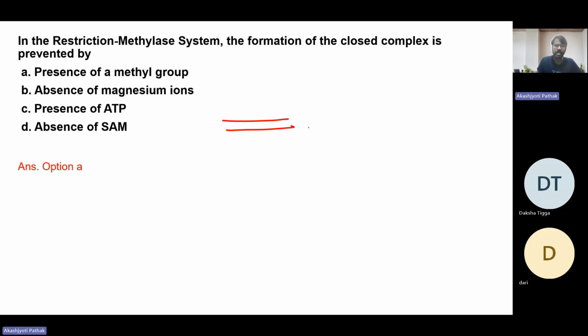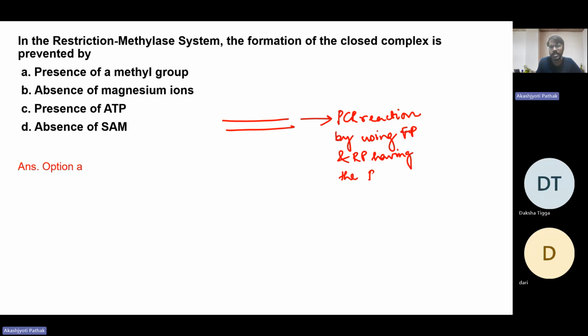and you want that gene of interest to be cloned in that vector between those two particular sites, then what you will have to do is take your gene of interest and amplify it. You have to do a PCR reaction by using forward primer and reverse primer. The forward primer and reverse primer must carry the recognition sequence of the restriction enzyme that you have in your laboratory.